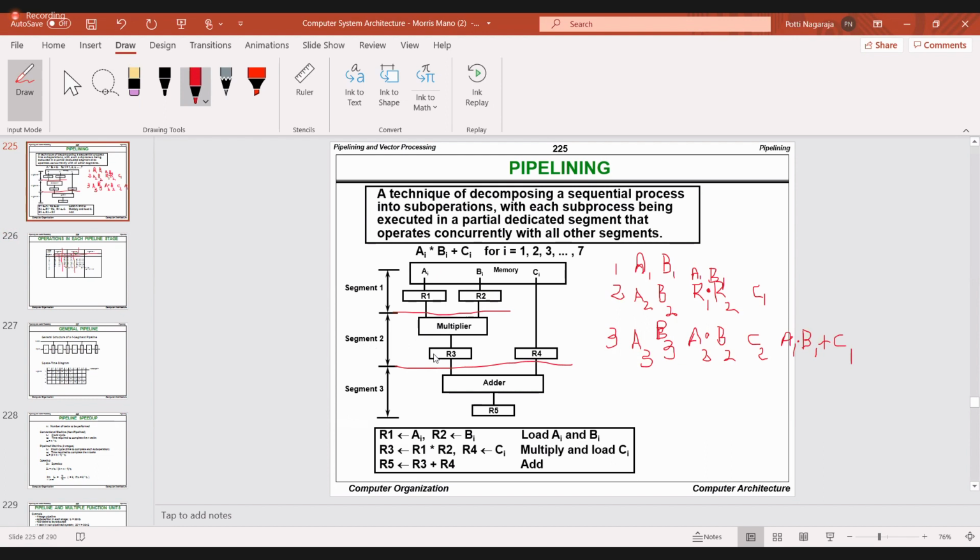In segment 2, previous data I am multiplying, that is A2 into B2, and I am reading C2 from memory. And similarly in segment 3, the operation is A1 into B1 plus C1. So simultaneously, how many operations are you performing here? Three segments are doing operations, so simultaneously we are performing sub operations in 3 segments here.